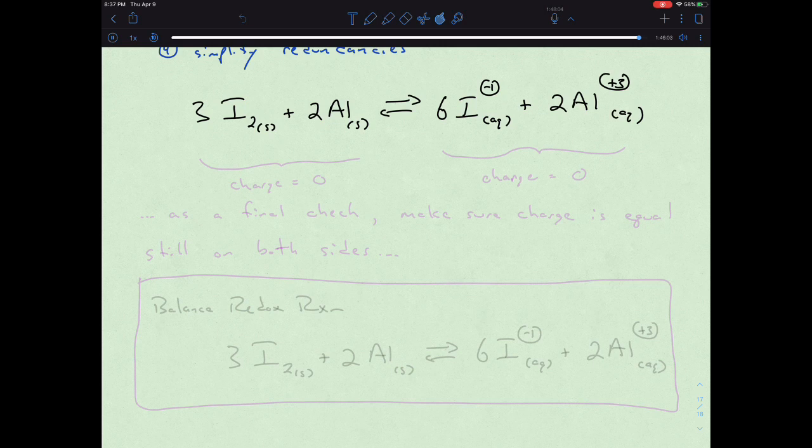We should be done. You can always do, as a final check, you can also make sure charge is equal still on both sides.